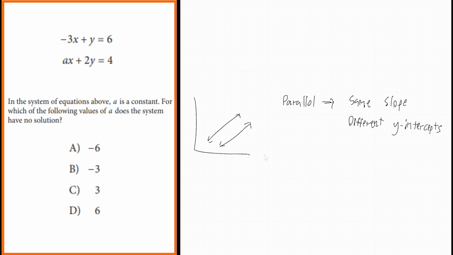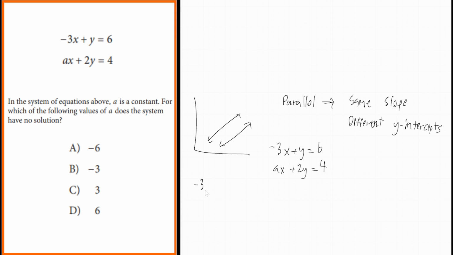Okay, so we have our two equations, which I'll write out right here. We have negative 3x plus y equals 6 and ax plus 2y equals 4. The easiest way to figure out what the slopes and y-intercepts of these equations are is to rewrite them in slope-intercept form. Pretty straightforward.